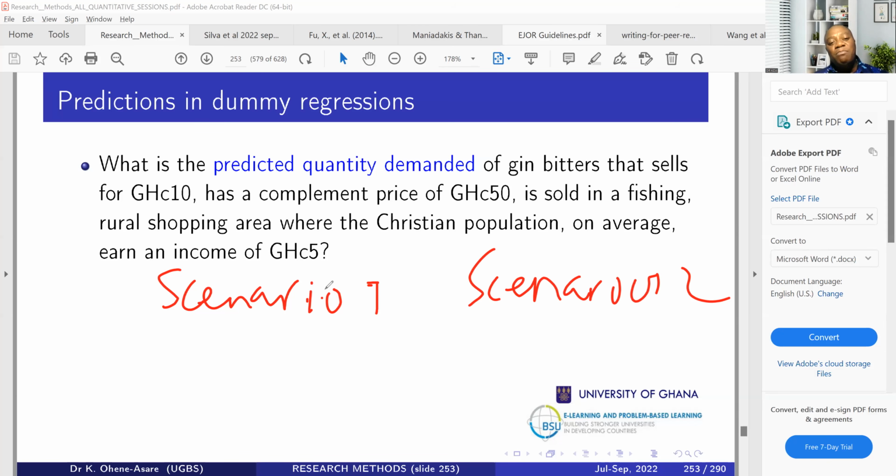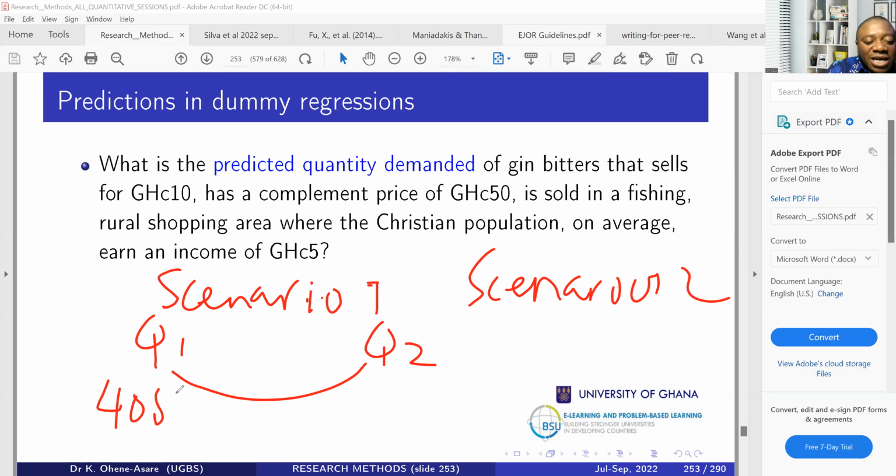And then I'll tell you that in both cases, I want you to calculate the quantity demanded of scenario 1 and calculate the quantity demanded of scenario 2. And then tell me the difference. So let's say that you do the calculation, the quantity demanded for scenario 1, we got 405. And then the quantity demanded of scenario 2, we got 300.